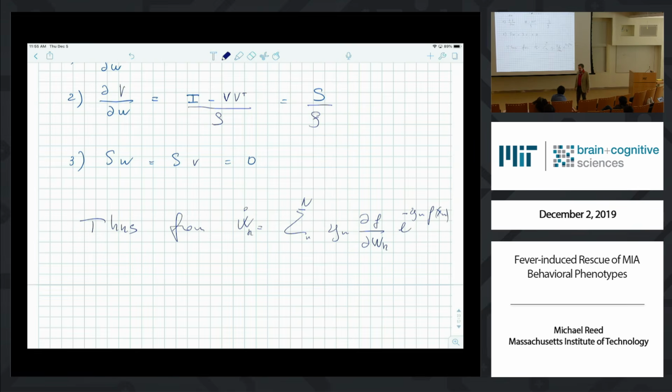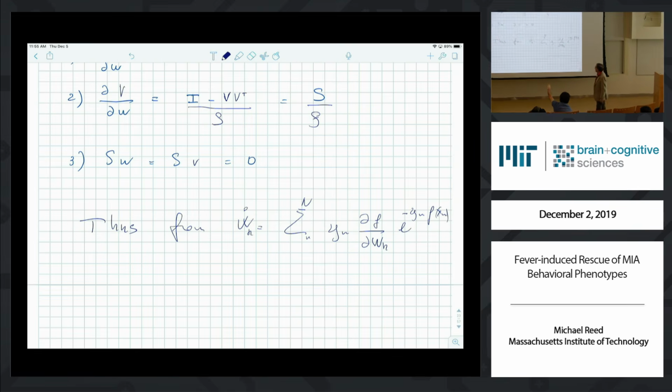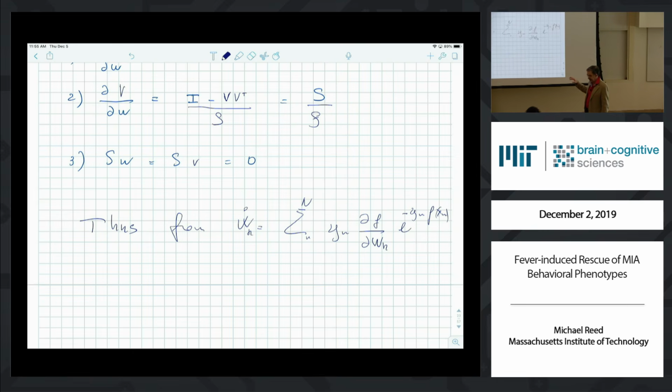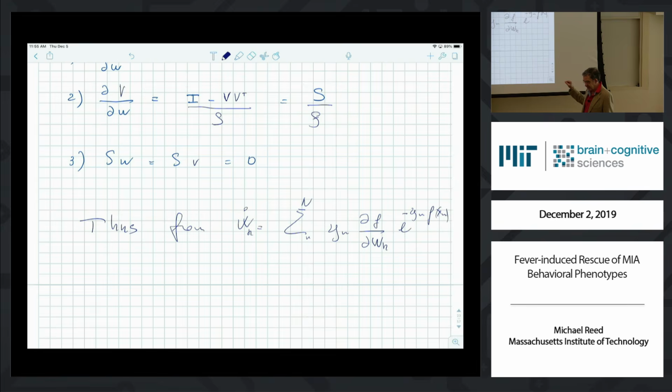V and W are both matrices, but I consider them as vectors in this case. So for simplicity, think of the linear network.